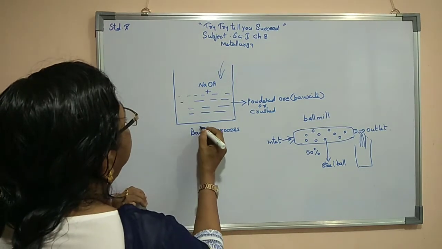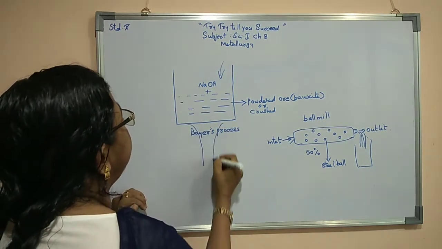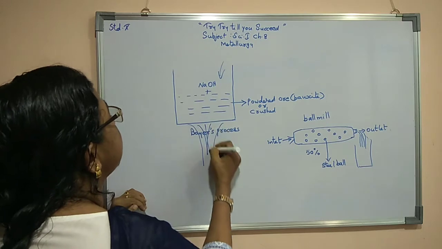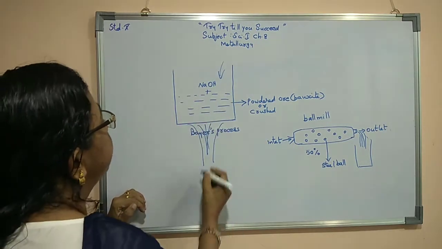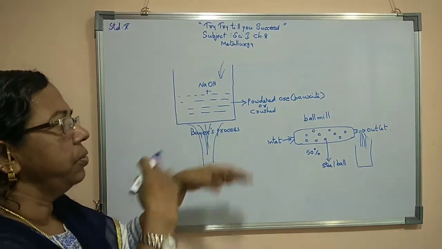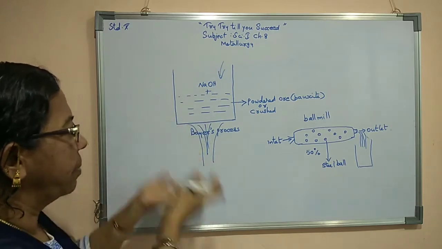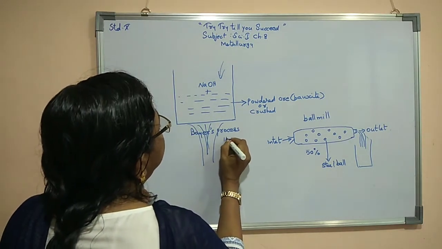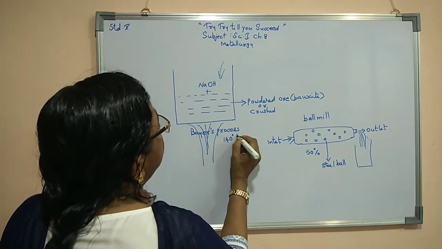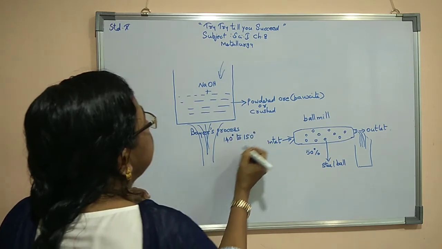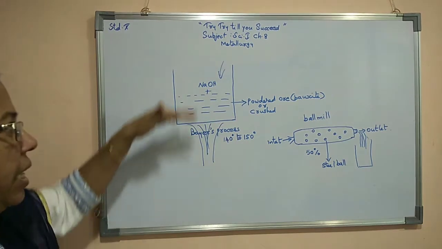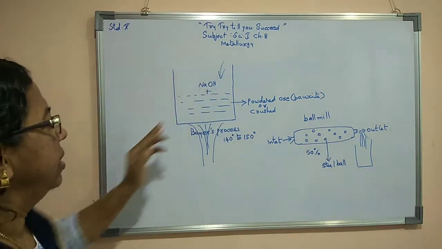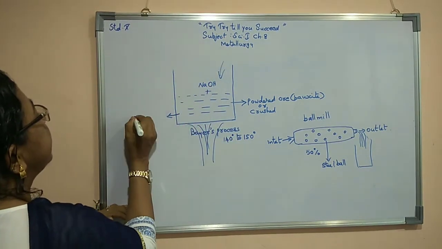After that we have to heat this container. First, after adding, we just have to mix it. Afterwards we have to supply heat up to 140 to 150 degrees Celsius temperature. Then this container we can call a digester.